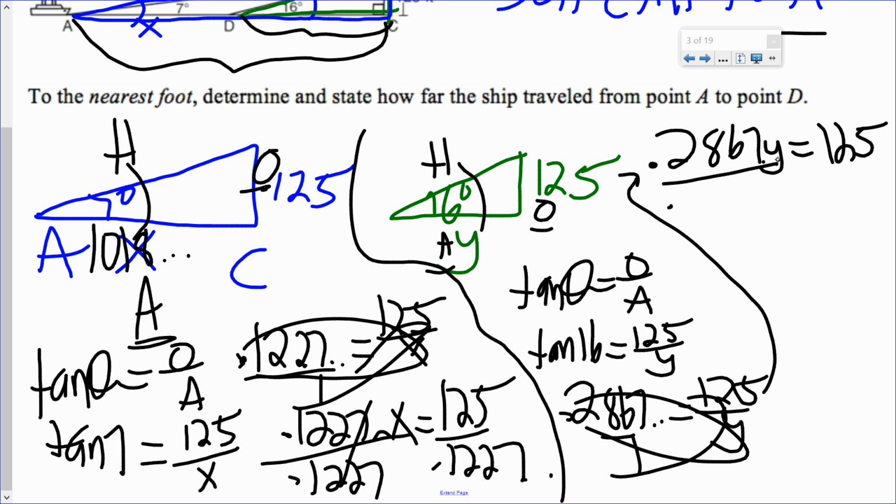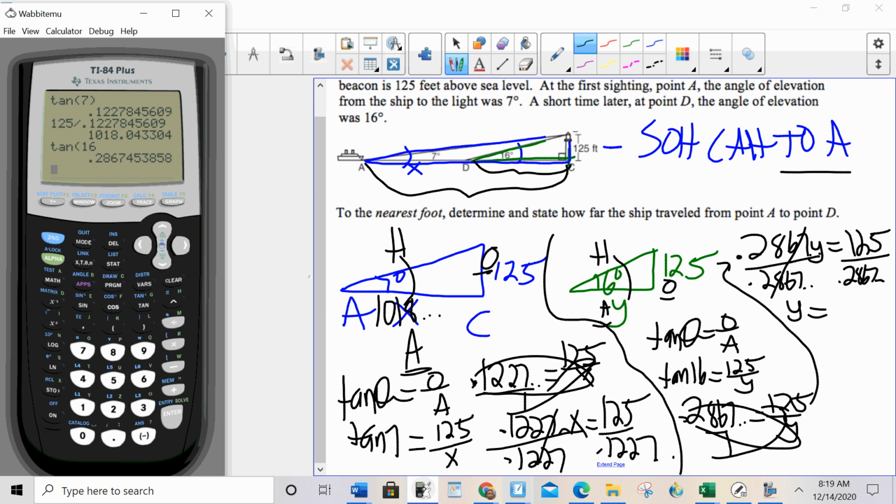Divide by 0.2867 dot dot dot. Y equals 125 divided by, copy and paste that. I get 435 dot dot dot.